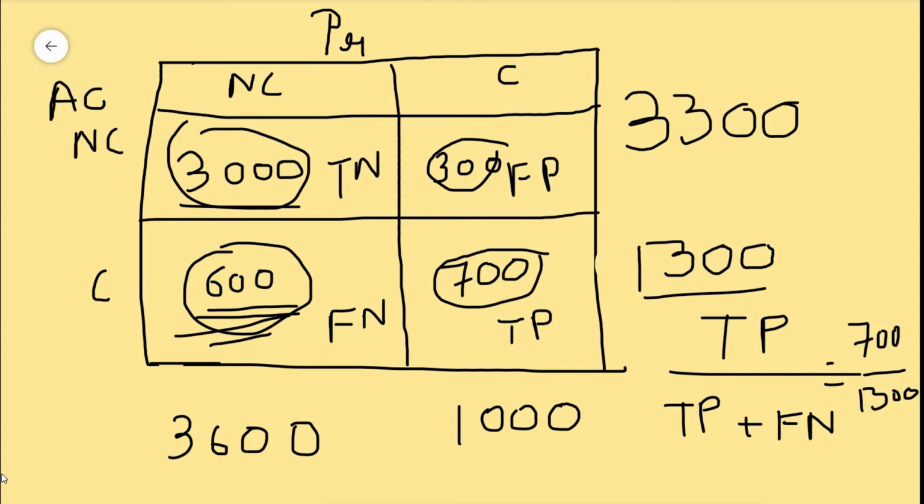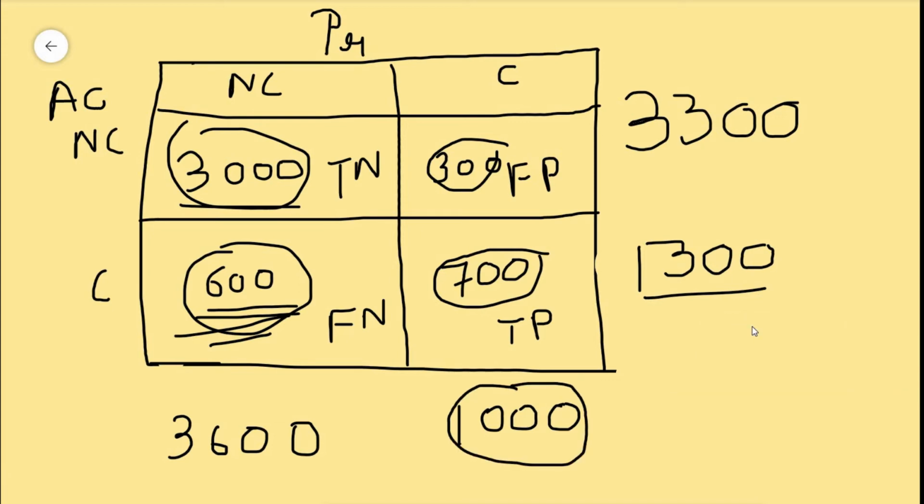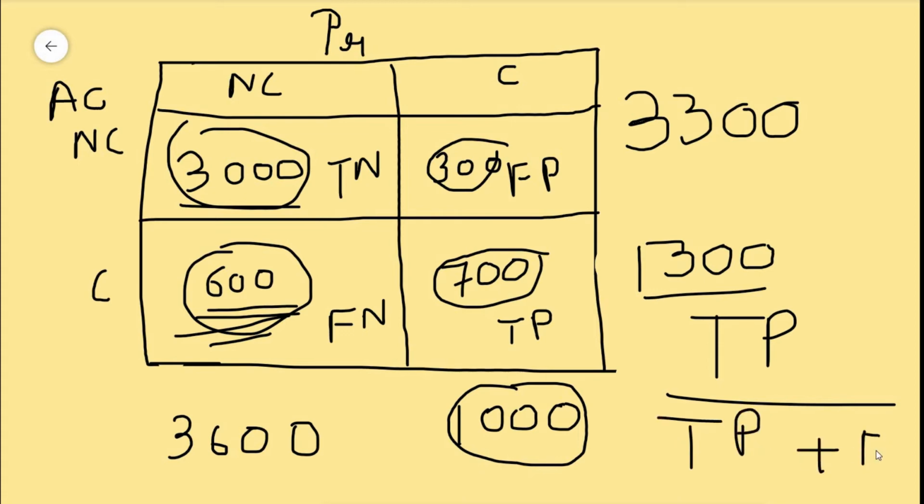Usually people get confused with recall and precision because more or less they are quite similar. So let's see what precision is. Precision is given by the formula TP divided by TP plus FP.